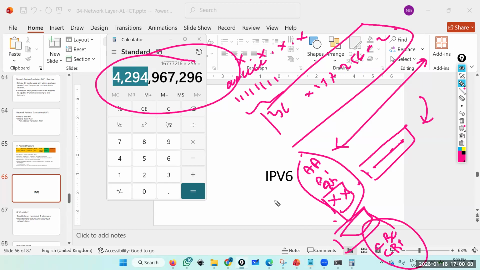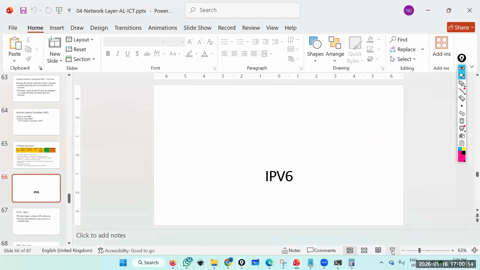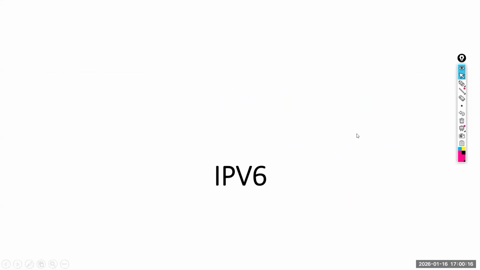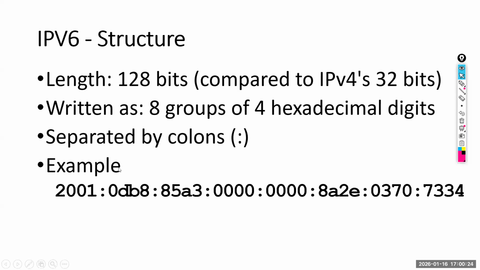Same thing. Now we have V6, version 6, right? Version 6 IP addresses. Why? Because of two reasons. One is that with version 6, we can have a larger number of IP addresses because it is not 32-bit. IPv4 is 32-bit, right?